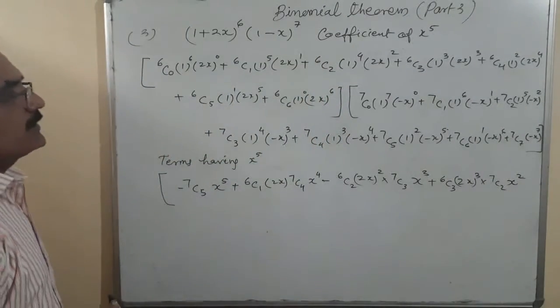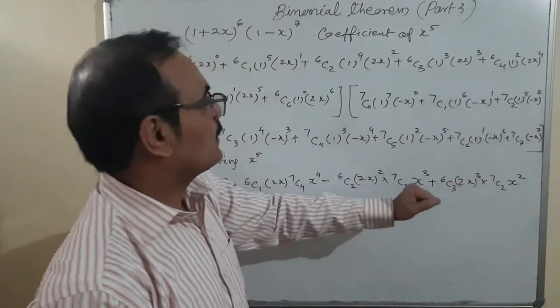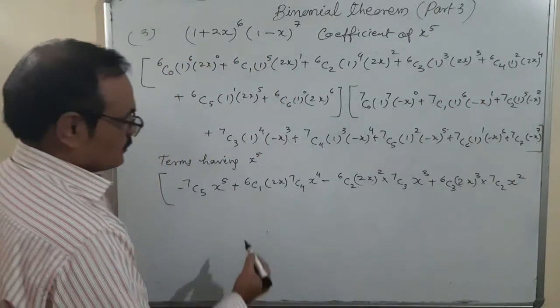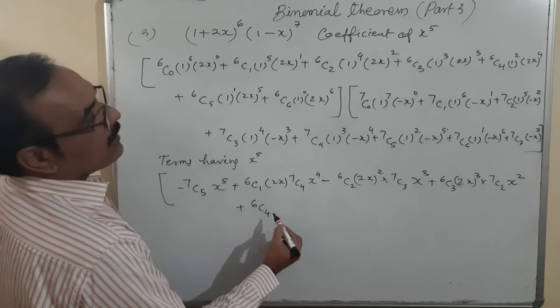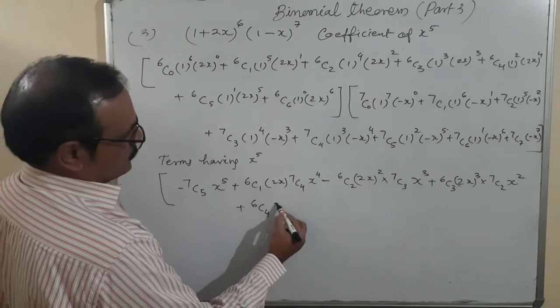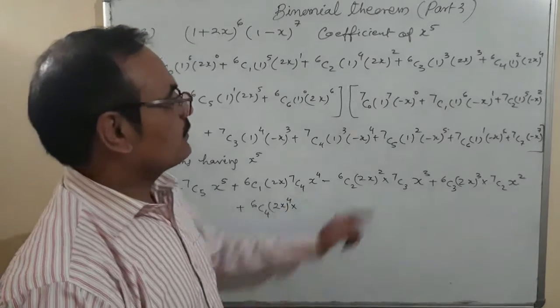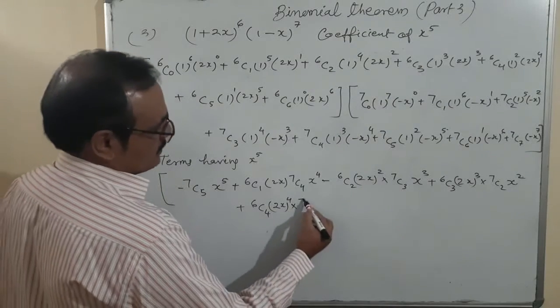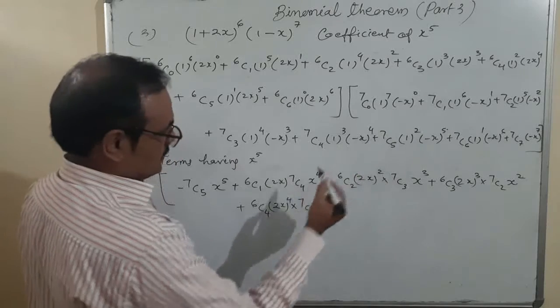Any other term left? Yes. 2x to the power 4 multiplied by x to the power 1. So plus 6C4, 1 to the power 2, that means 2x to the power 4 multiplied by 7C1, minus 1 to the power 6, that is 1, minus sign out.